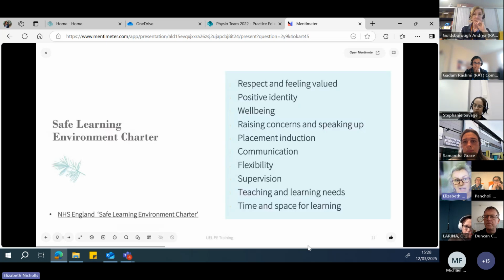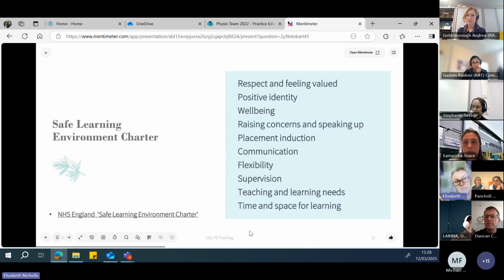The other thing to flag up is that NHS England are currently undertaking a project. It started with our nursing colleagues. The link there to the Safe Learning Environment Charter is probably a link to work that's being done within nursing. But our colleague Carol Restighini, who many of you will have met previously, was starting to work on that within the allied health team as well.